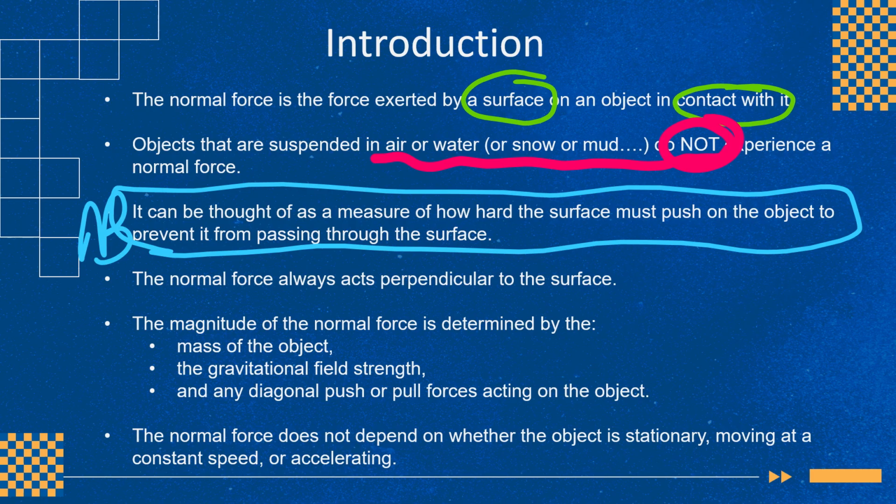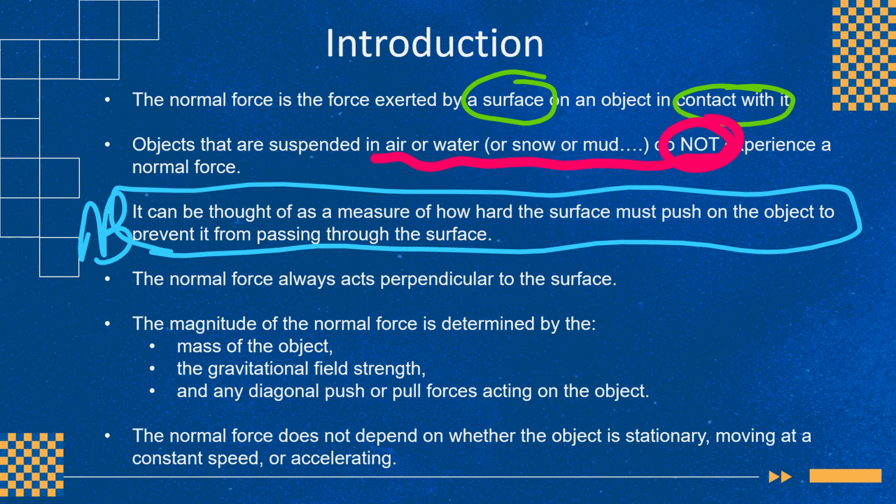But if you are on a tar road or on a wooden table, those surfaces will prevent the object from passing through the surface. So the bigger your normal force, the harder that surface must push upward away from the surface to prevent the object from falling through the surface. That is what the job or the work of a normal force is.